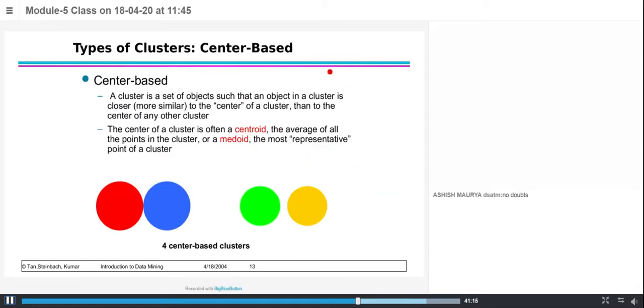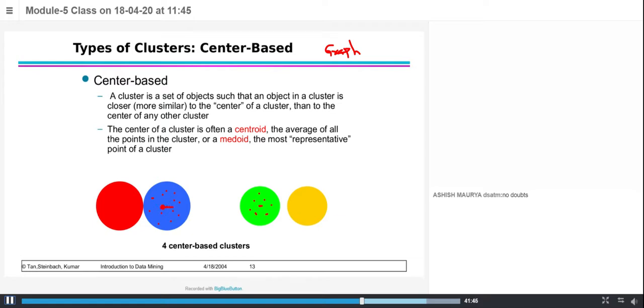Next is the center based cluster. If any object present in a cluster is closer to the center point, suppose this is a center point and we have all objects present here, and this is a median, I can represent the center like this.